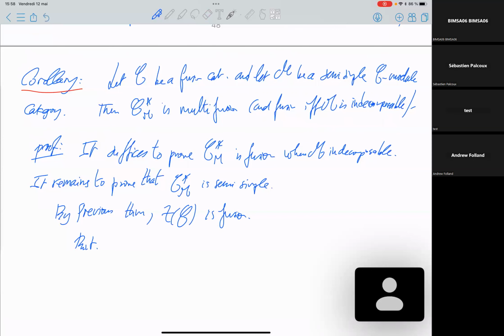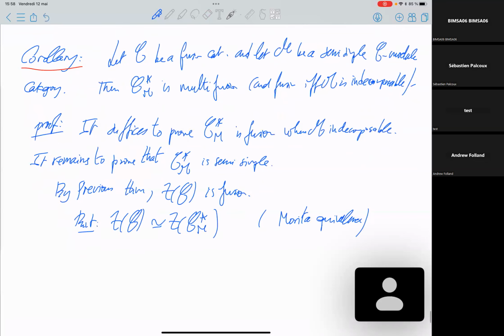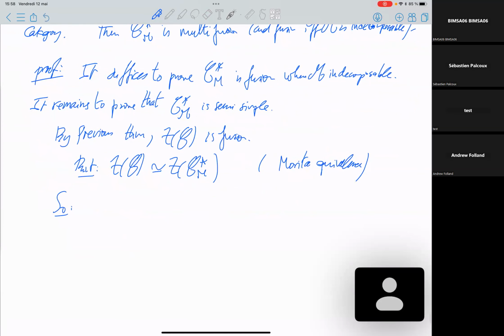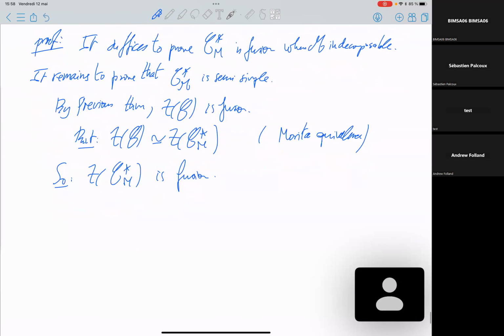But C and its dual with respect to M are Morita equivalent, so they have the same center. We already mentioned that. So the center of the dual of C with respect to M is fusion too, because it is isomorphic to a fusion category.